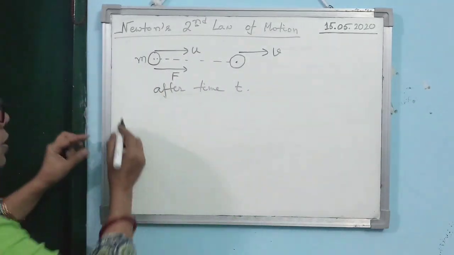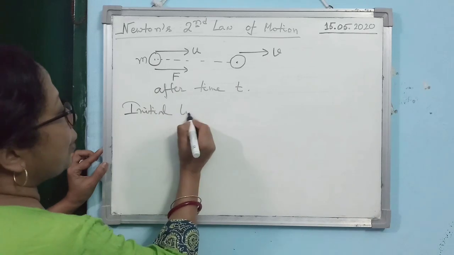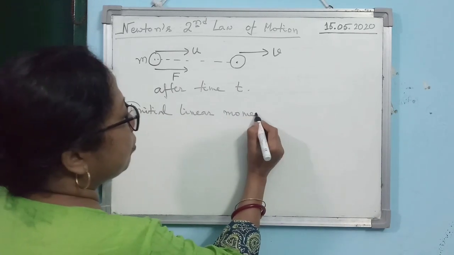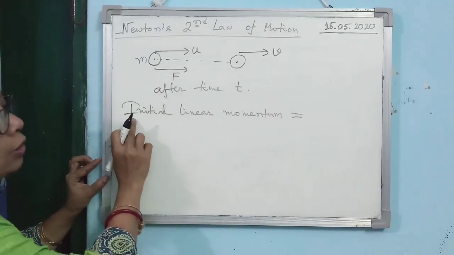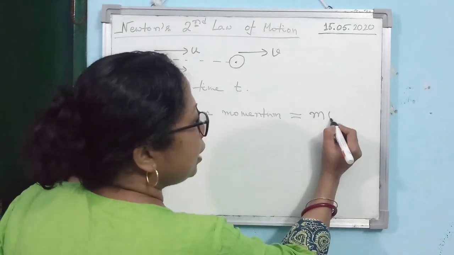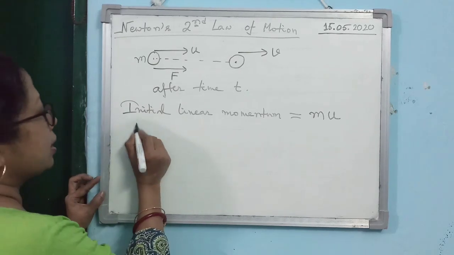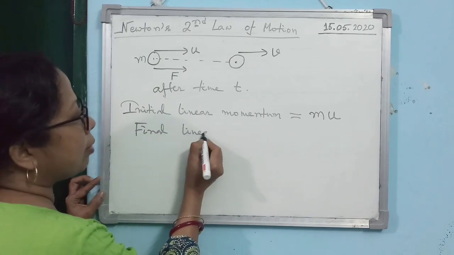Clear? Now you see, what is the initial linear momentum? What is linear momentum? Mass into velocity, isn't it? So the initial linear momentum will be mass into initial velocity. Is that clear? Then next, what is the final linear momentum?